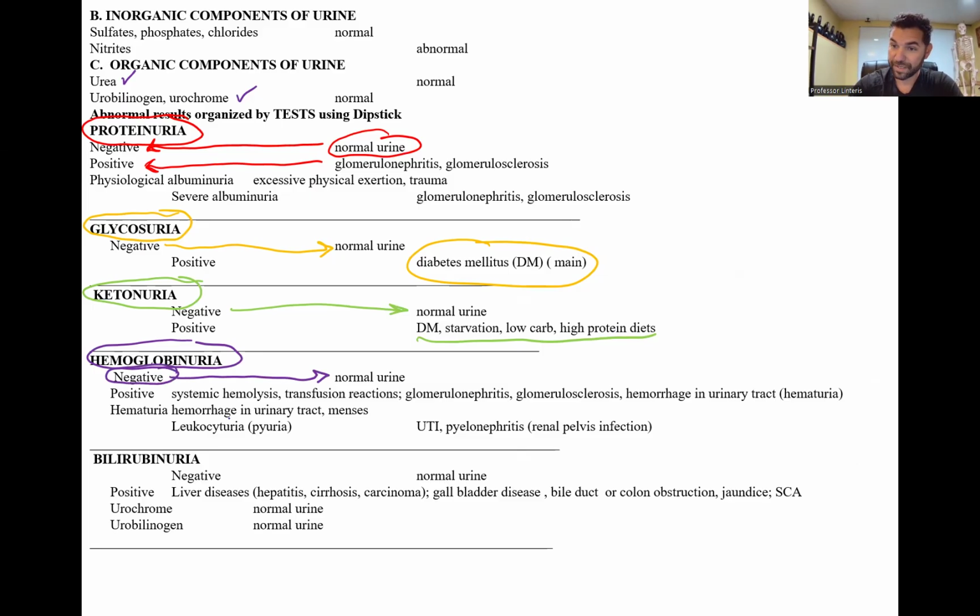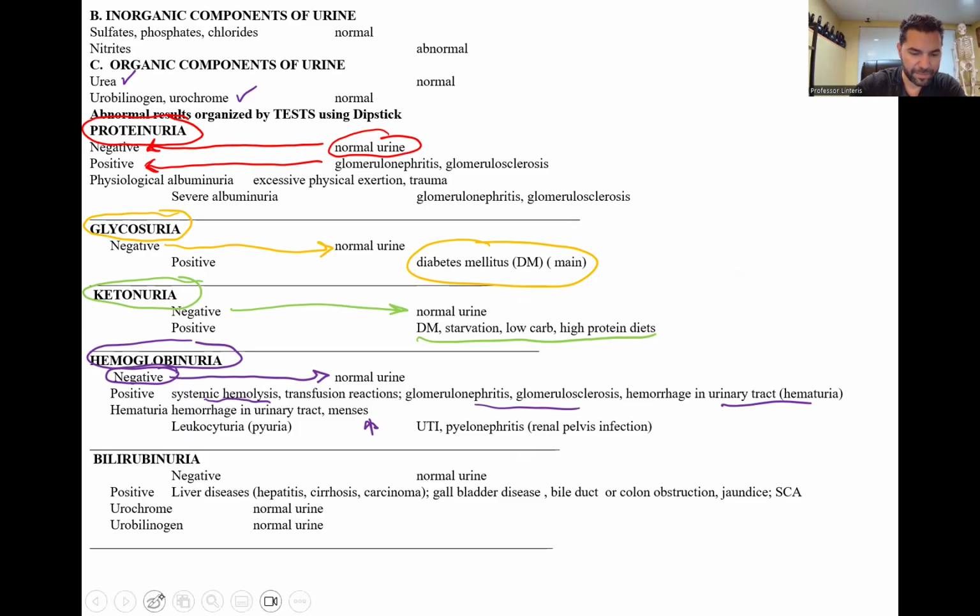If you do see, and I'll show you some situations, red urine, right? It means your red blood cells might be lysing. You have damage to those capillaries. You have some type of bleeding in the urinary tract, maybe menstrual cycle, or some type of infection, right? So clearly, bloody urine is not normal.